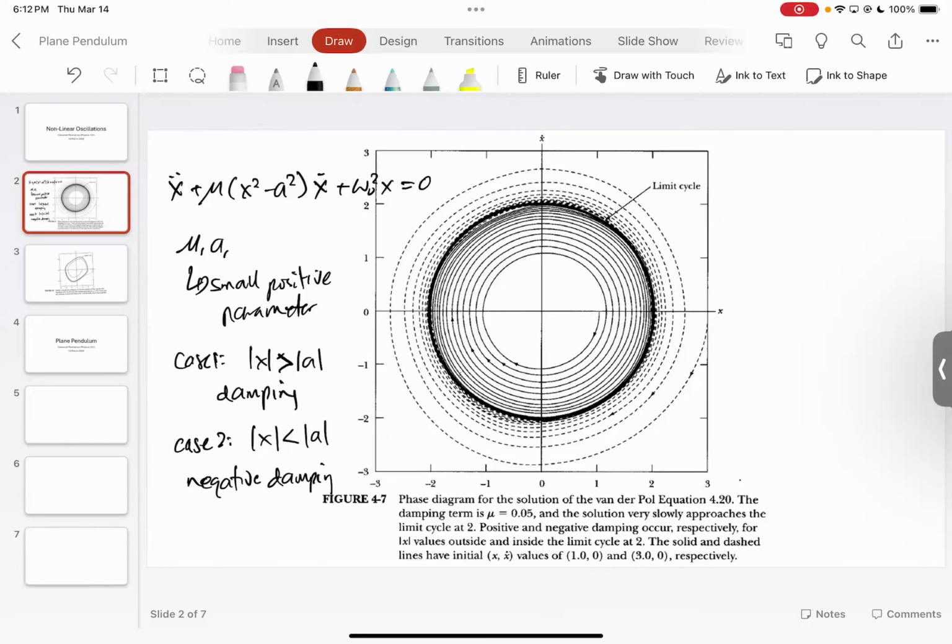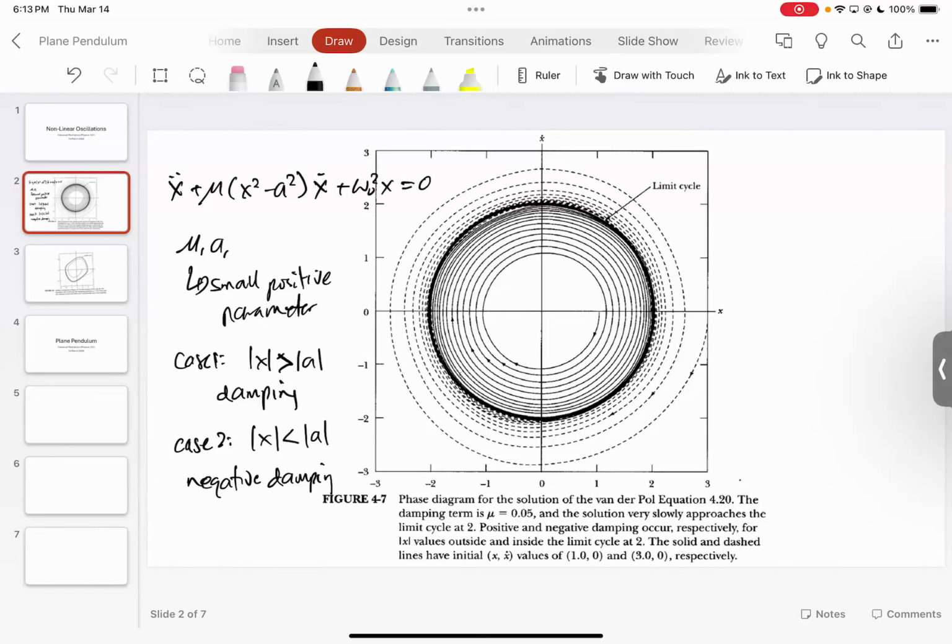But what is negative damping? In this case, the behavior of the system is that the amplitude grows. Instead of the amplitude lessening, the amplitude keeps getting bigger.